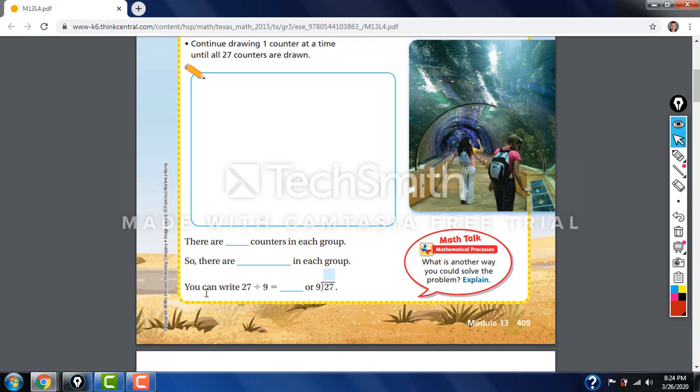You can write 27 divided by 9 equals 3. Remember, if you're looking at the counters in each group, there were 3 in there, so the division answer is 27 divided by 9 is 3. Okay?